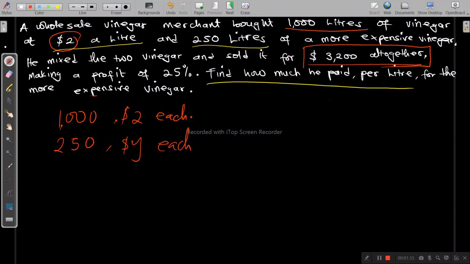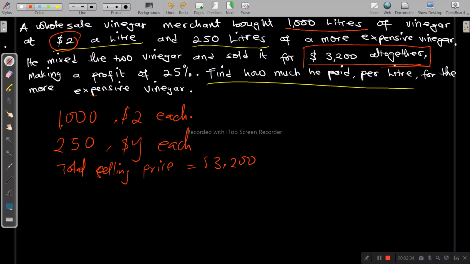Now he mixed the two vinegars and then sold it for $3,200 altogether, making a profit of 25%. So here he just mixed them, and the total selling price is then equal to $3,200.